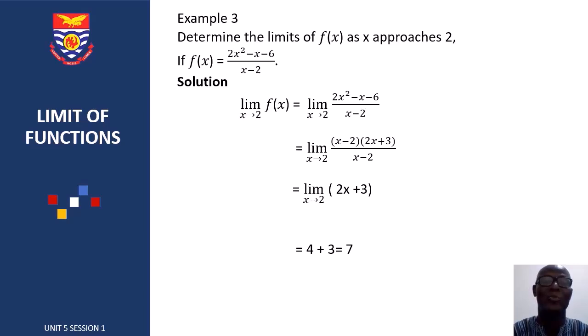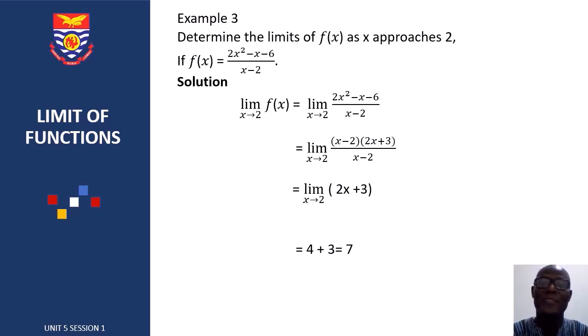That is 2 minus 2 equals 0. And since the denominator is equal to 0, it makes the function undefined. And hence, we need to simplify the function before the substitution. Looking at the numerator, 2x squared minus x minus 6 is a quadratic expression.